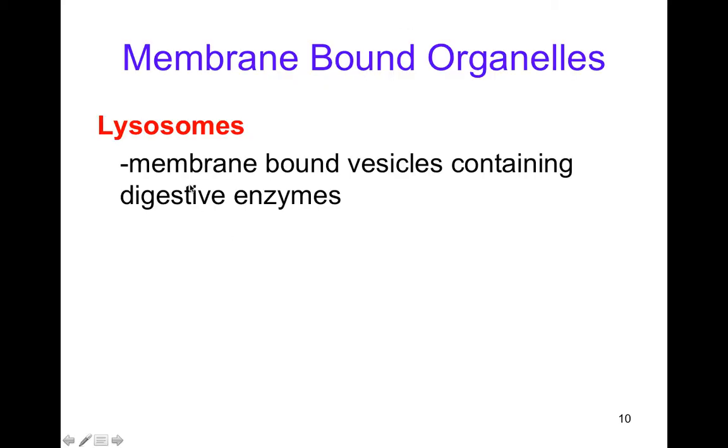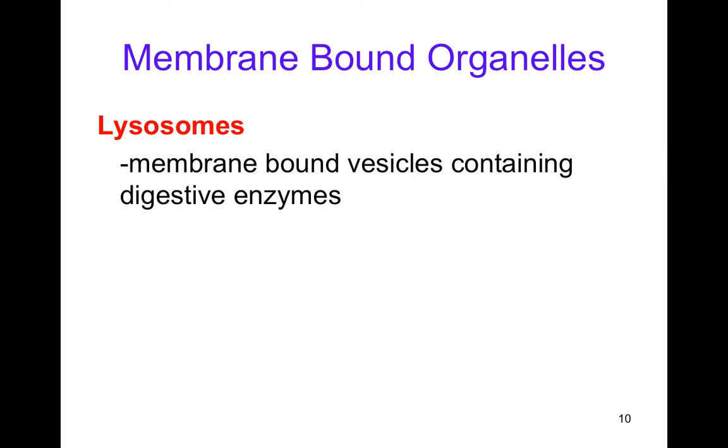Next organelle, lysosomes. Lysosomes are the recycling center of the cell. They contain what are called digestive enzymes, chemicals that will break down complex parts like proteins or fats or whatever other material might be in the cell. It takes those complex molecules and breaks them down so they can be reused again.